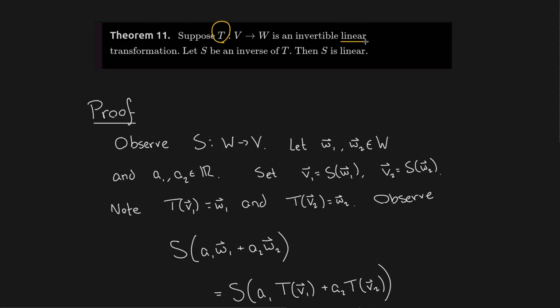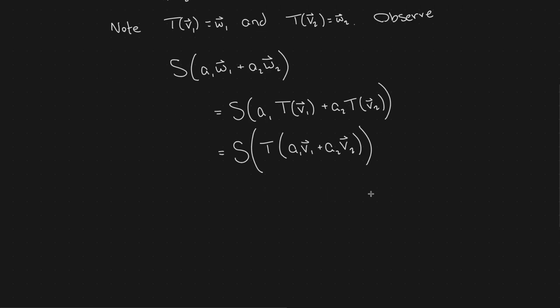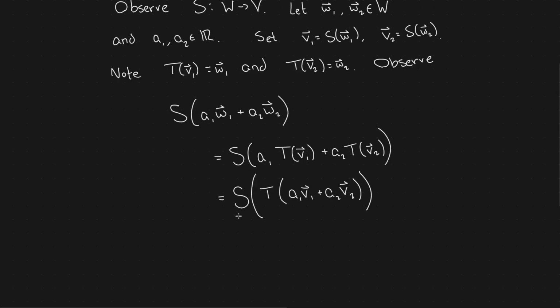We're told T is a linear transformation. We're trying to show that S is. Now, S and T are inverses. So what one does, the other undoes. Whatever T does to this set of vectors, S is going to undo it. So in a sense, these two are going to cancel. And we just get the inside A1 V1 plus A2 V2.